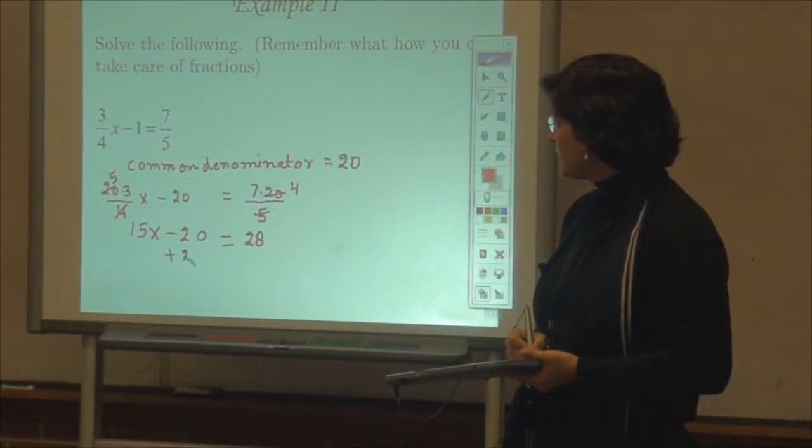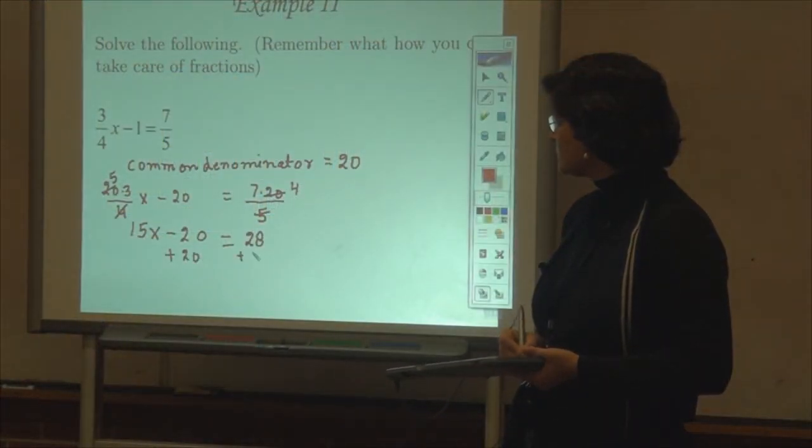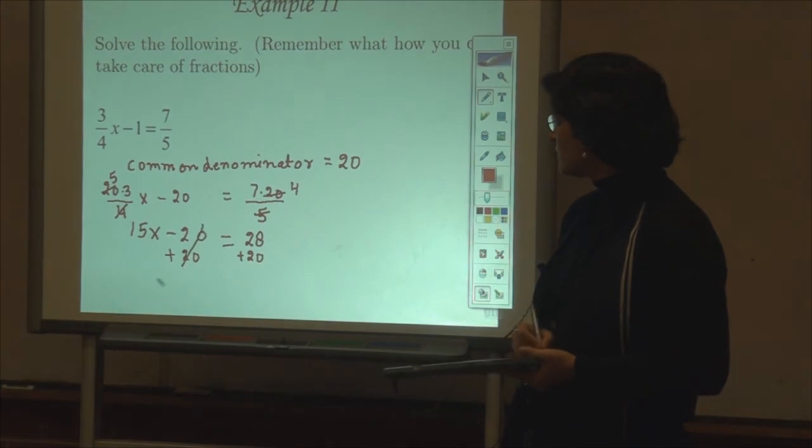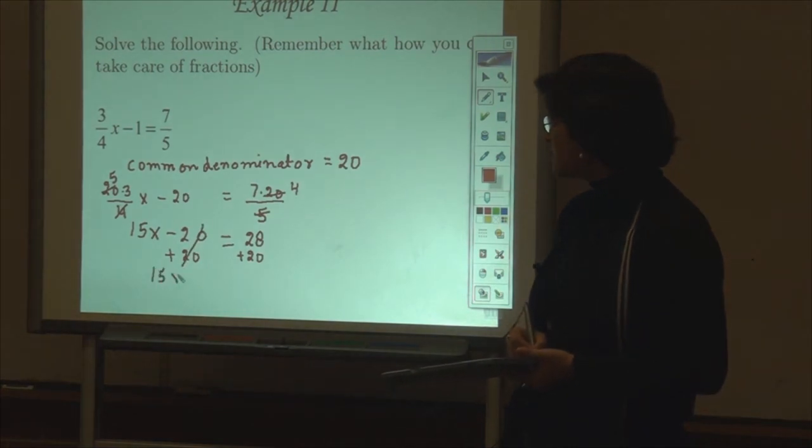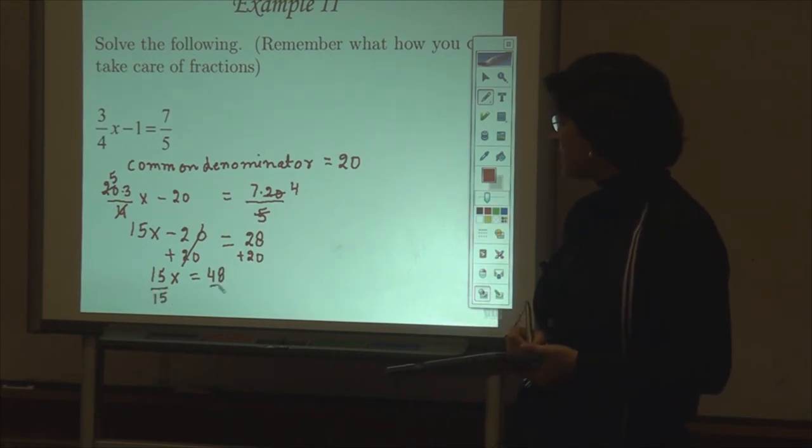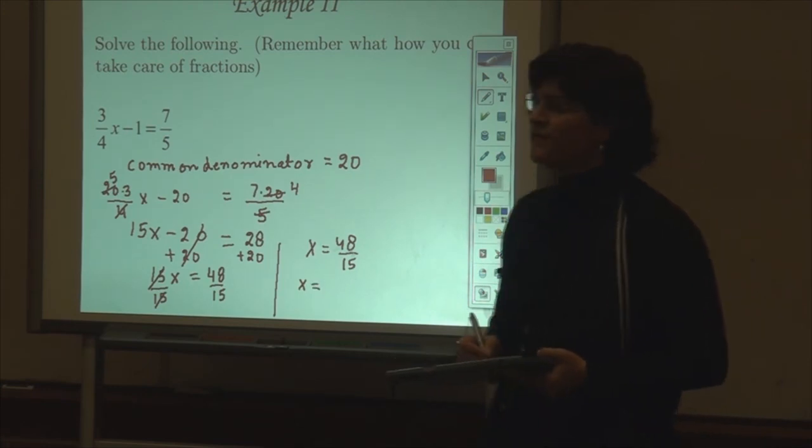Add 20 on both sides. I get 15x is equal to 48. Divide by 15, divide by 15. We have x is equal to 48 divided by 15. Can I reduce 48 and 15?